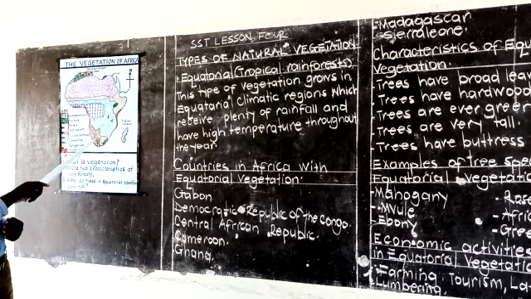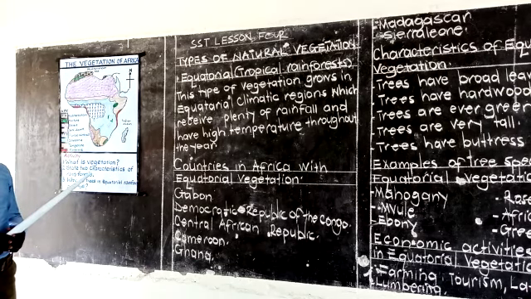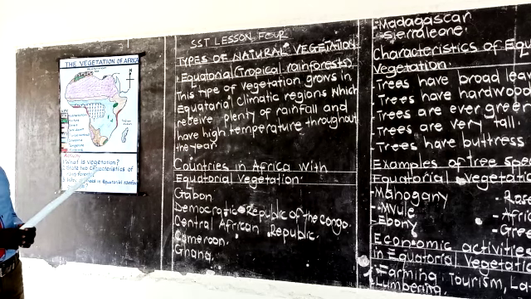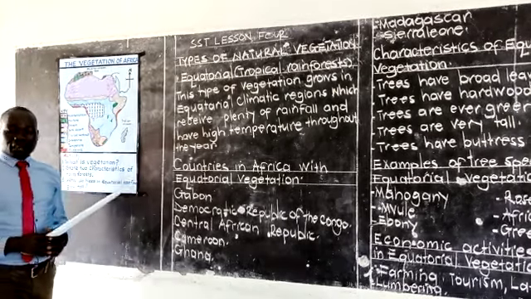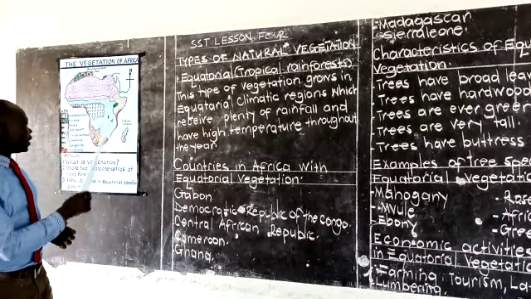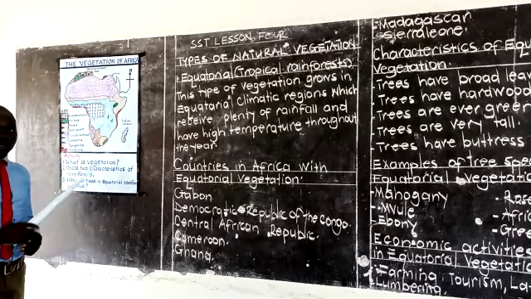And we said we use the letter T, these letters which we have seen in the map here, to represent the tropical rainforest or equatorial vegetation of Africa. Then we said the largest part of Africa is covered by savanna, which is shaded with the color blue, which everybody is seeing.